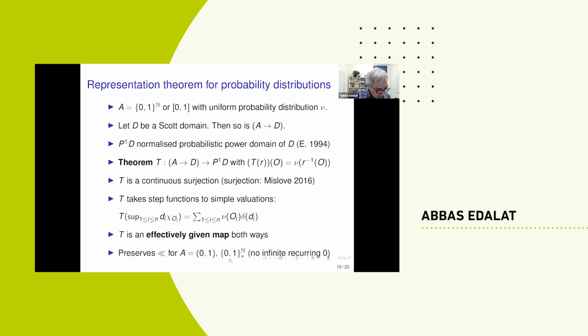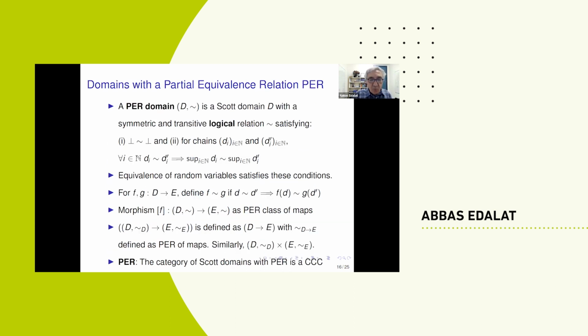All right, so I have to hurry up a little bit. So now we talk about Scott domains with a partial equivalence relation on them to capture the equivalence of random variables. So a PER domain, so PER for partial equivalence relation, is a Scott domain together with a symmetric and transitive relation.